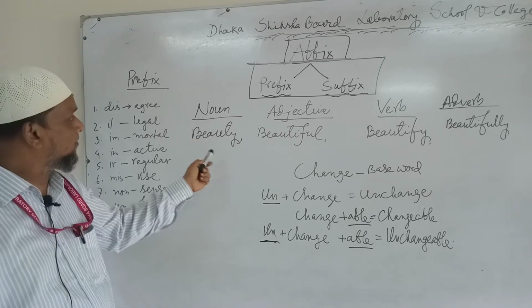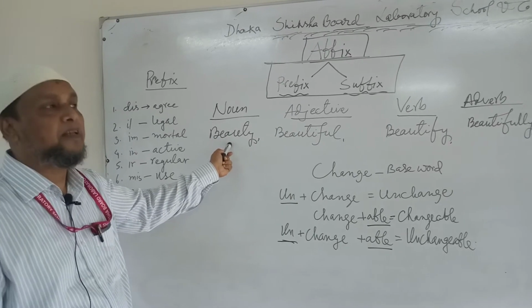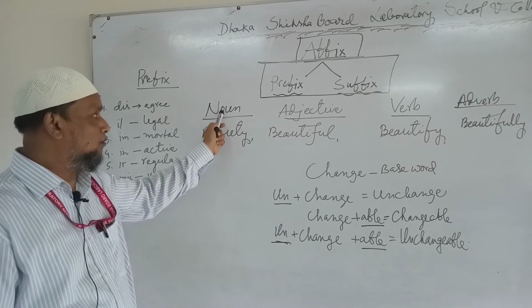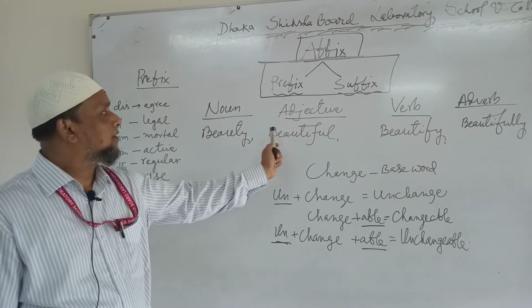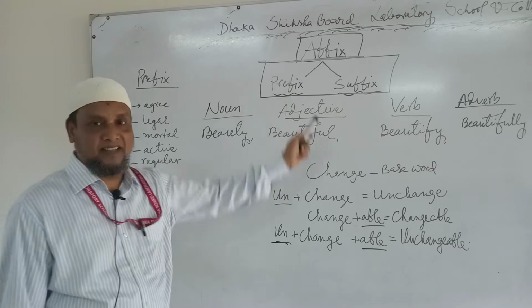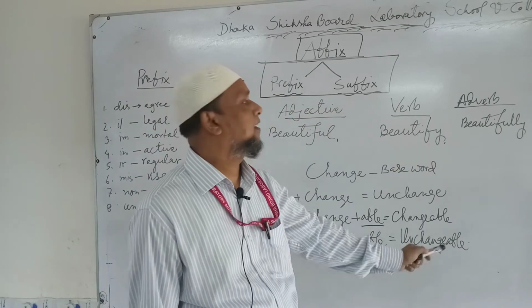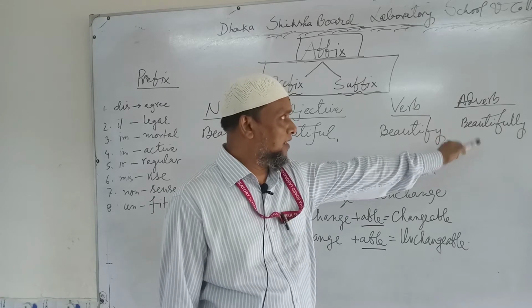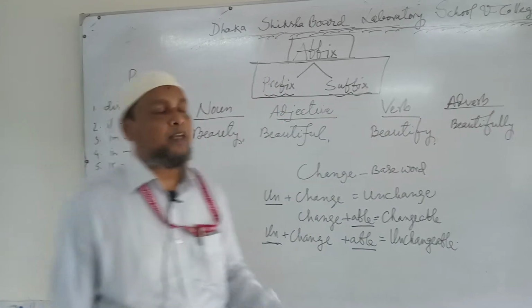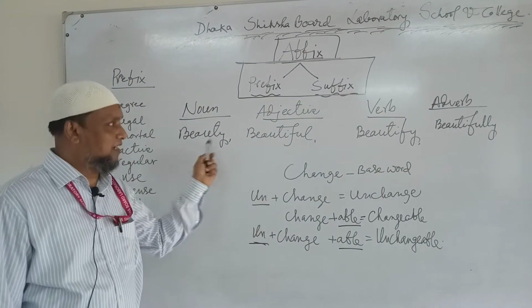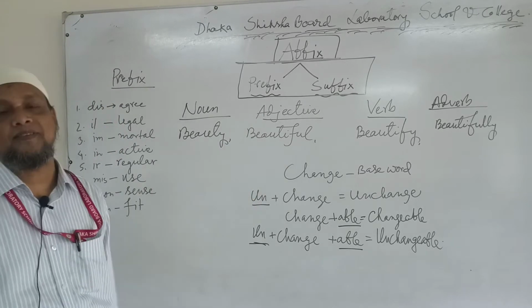Look at the board. Here there is a word beauty. This is a noun. Then beautiful, this is an adjective. Then beautify, this is a verb. Then beautifully, this is an adverb. So you can see that one word can be changed in 4 ways.